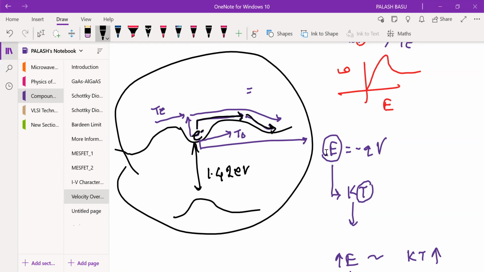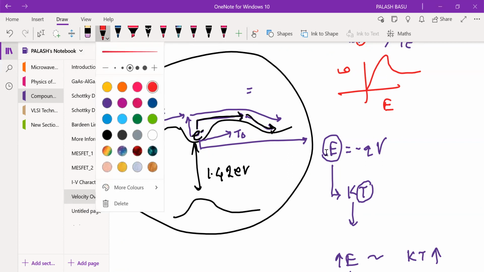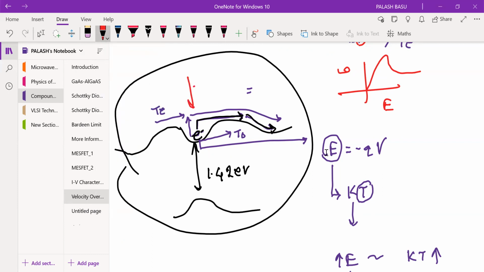The reason is that when the electron is in this zone, its effective mass is low, but when it goes to here, its effective mass is very high. When effective mass is very high, mobility is very low, because mobility is q tau by m star, right?